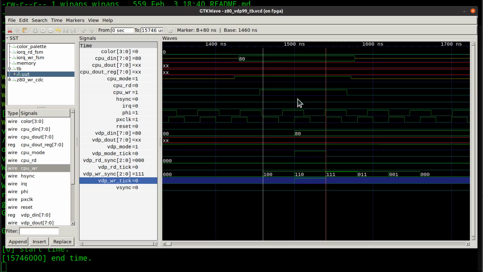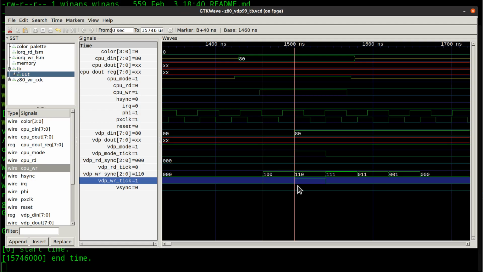As long as the value I want, which in this case is 80, is on here and stable at the falling edge of this thing here, I'm good. Now, it turns out if this goes as late as possible instead of as early as possible, as it is right now, it can happen way over here, like I said before, and the data could actually disappear. That's why I steal this, as we'll see on the rising edge of, what will be this write tick.